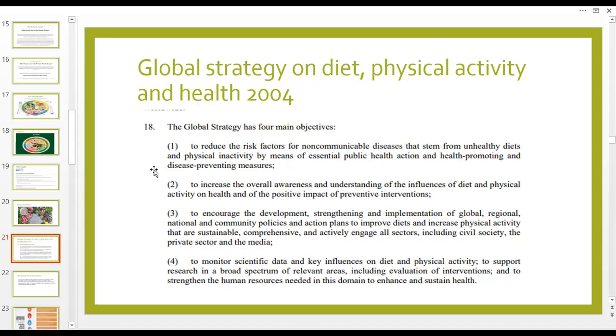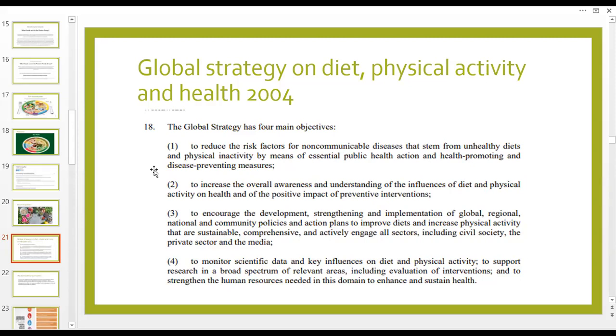Second, to increase the overall awareness and understanding of the influences of diet and physical activity on health and the positive impact of preventive interventions. Third is to encourage the development, strengthening, and implementation of global, regional, national and community policies and actions to improve diets and physical activity that are sustainable.